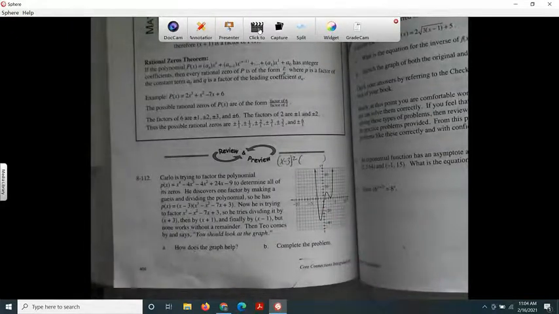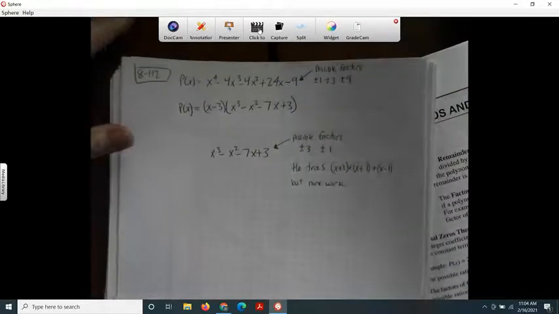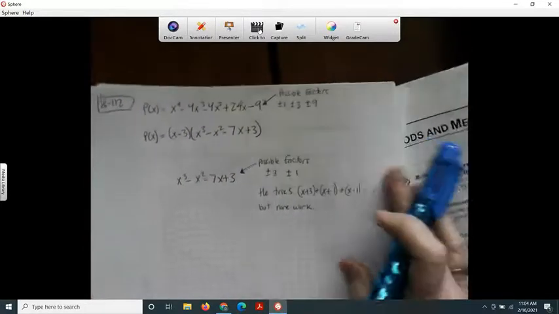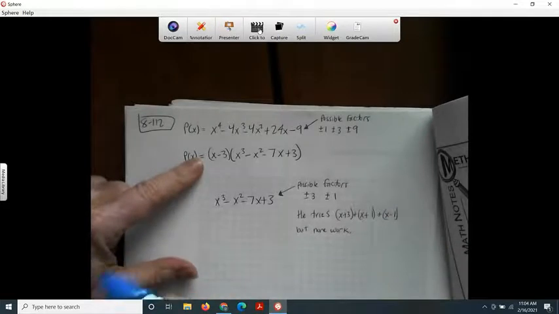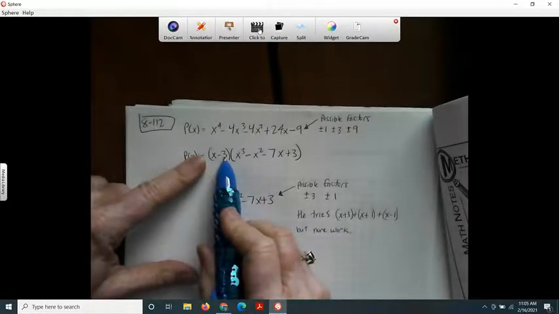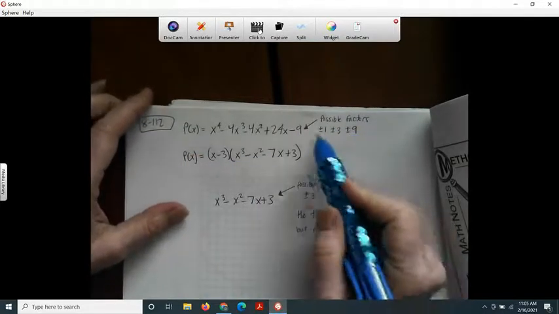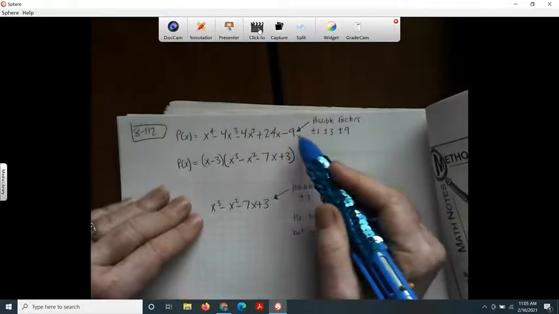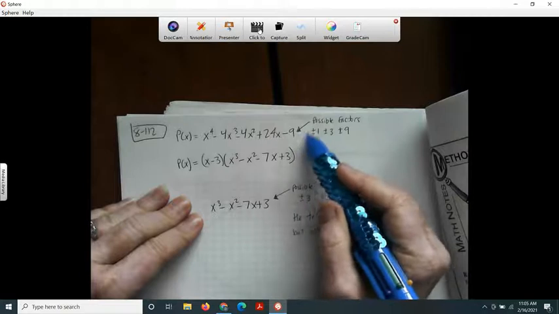So the reason he probably guessed the factor x minus 3 is because when you put this in your PolyDoku box, for it to not have a remainder, there are two numbers that have to multiply to make -9.